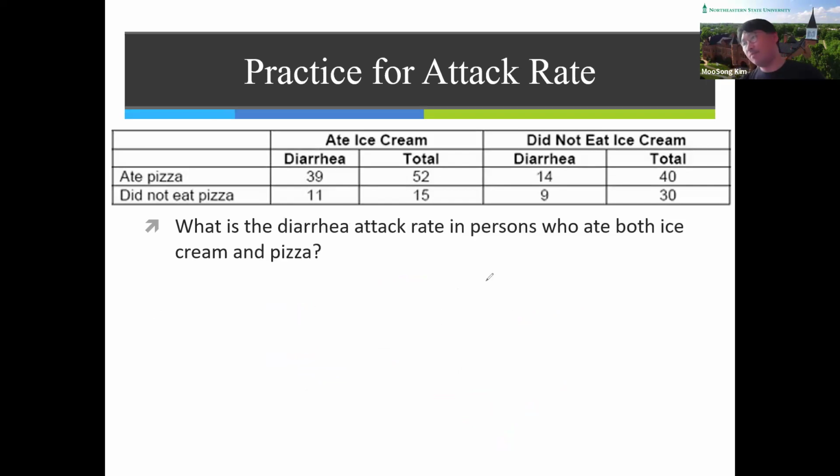And then the next practice question. What is the attack rate in persons who ate both ice cream and pizza? We need to figure out first how many people are at risk, how many people ate both items, pizza and ice cream. Total 52.